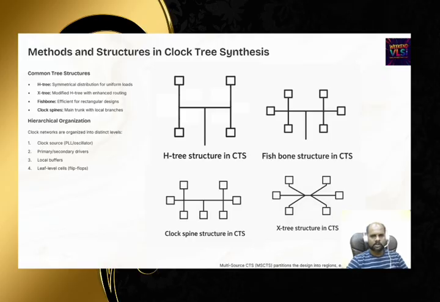Even though it looks like a line, you will see buffers are added here. Repeaters are added here. Then local buffers, after the sink, you can add some buffers. If the fanout is high, it may not go directly to the sink, but you can add some buffers. Then leaf level cells and flops. Leaf level cells are nothing but the flops, memories or macros.